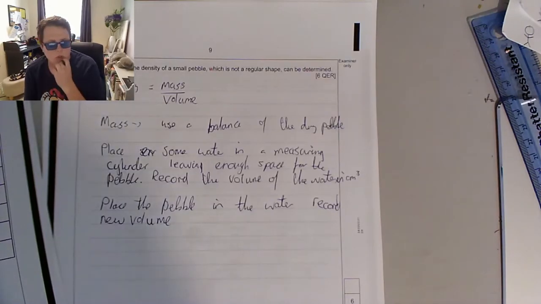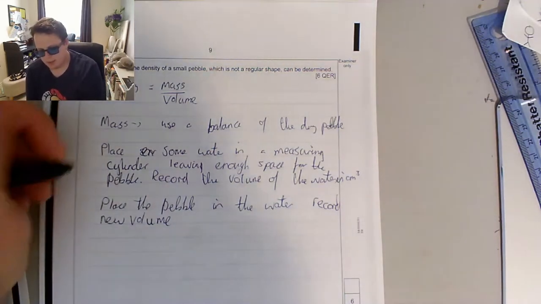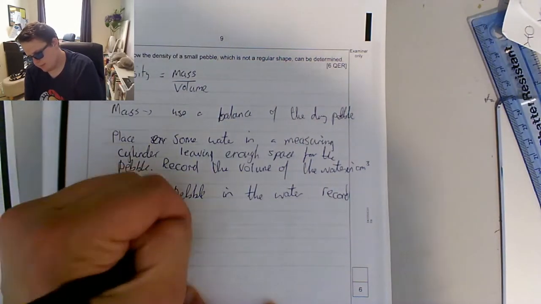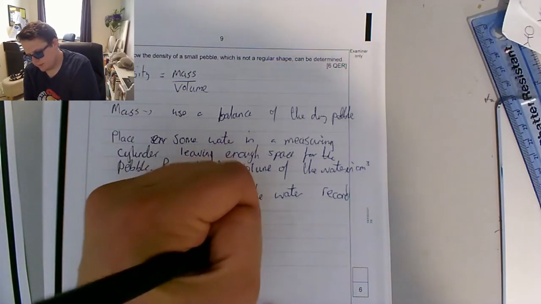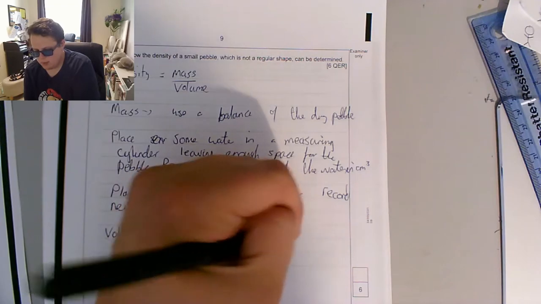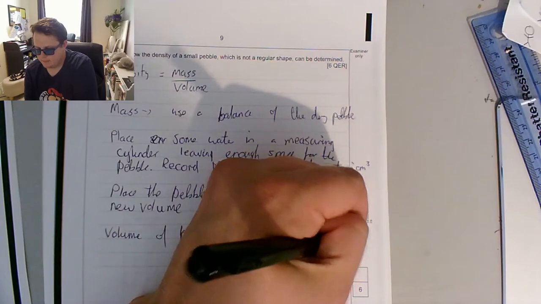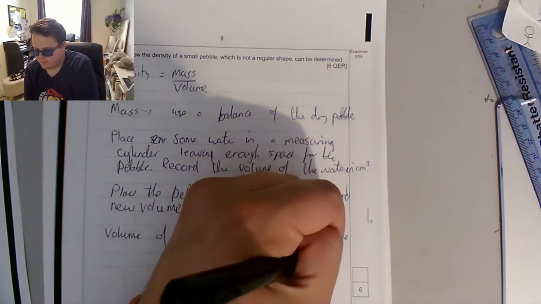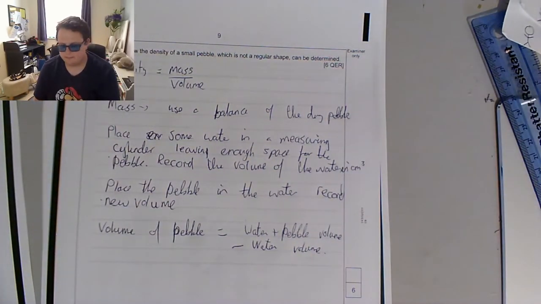Place the pebble in the water, record new volume. So how do we work out the pebble's volume? Well, volume of pebble will equal water plus pebble volume minus water volume. Or you could have numbered these, so volume in step 3 minus volume in step 2.